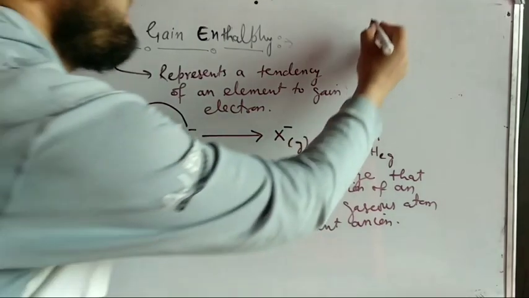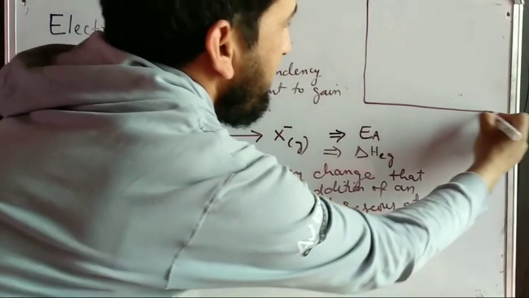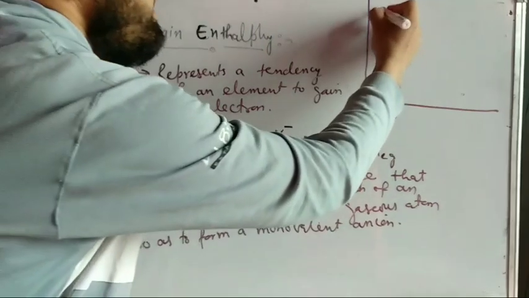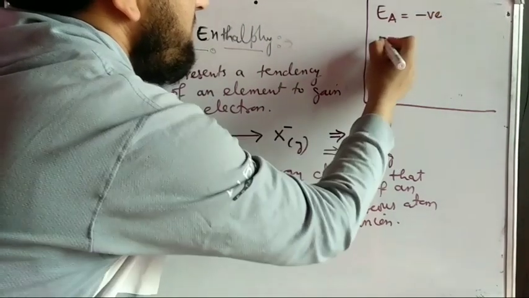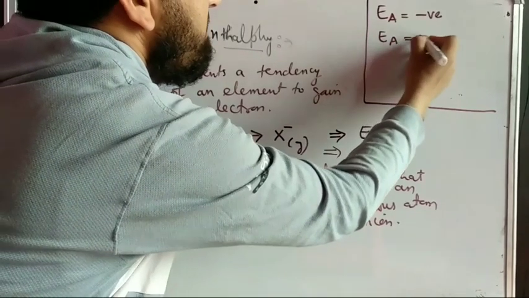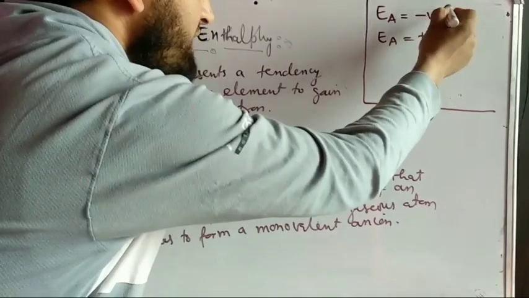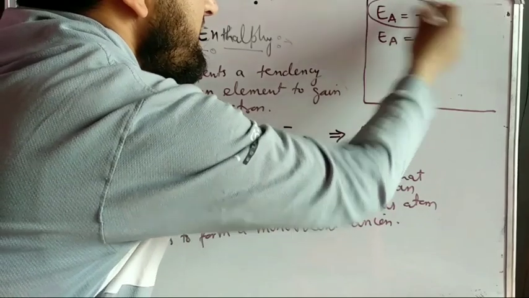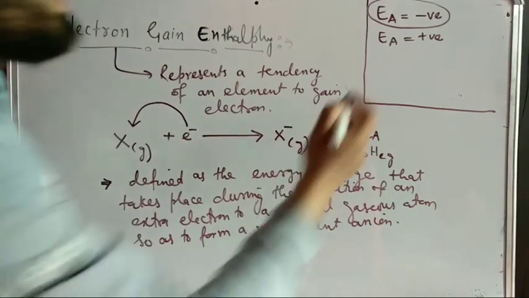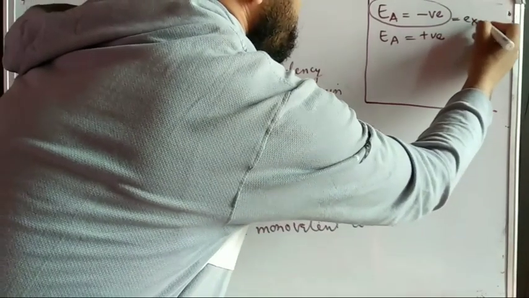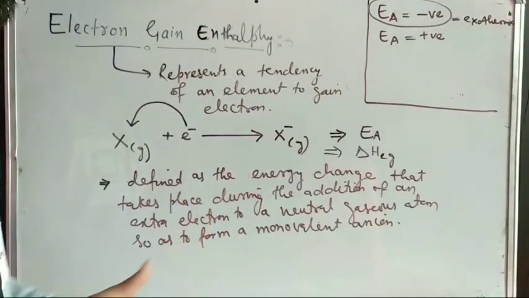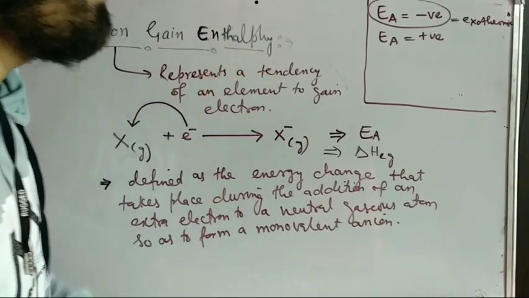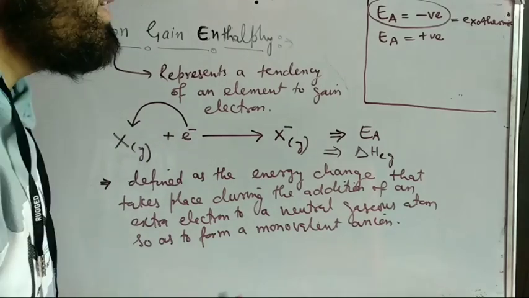Now this electron gain enthalpy may be either negative or positive, that is, EA will be either negative or positive. Electron gain enthalpy is negative for exothermic processes. So if the addition of an electron involves the release of energy, then the value of electron gain enthalpy is negative.